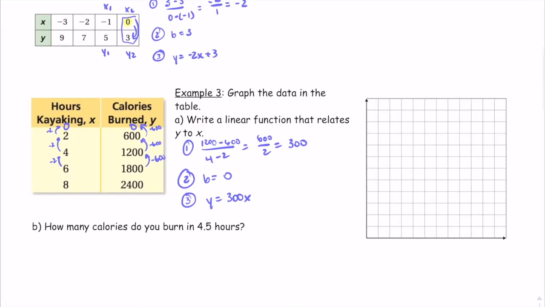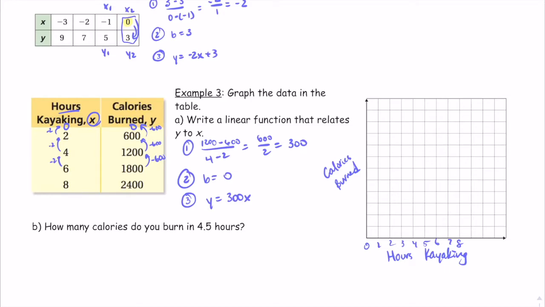So my x is going to be, according to the table, hours kayaking. And my y is going to be calories burned. All right, so I could go up by 0, 1, 2, 3, 4, 5, 6, 7, 8. 8 is my max, and that's where it gets a little hard.